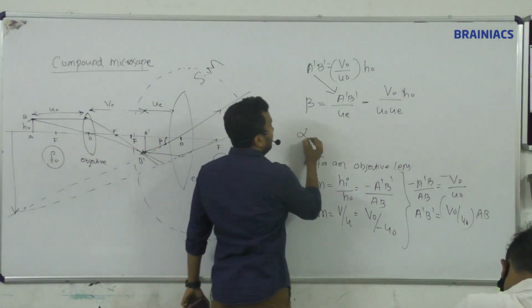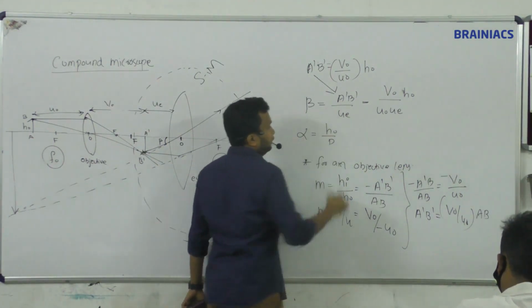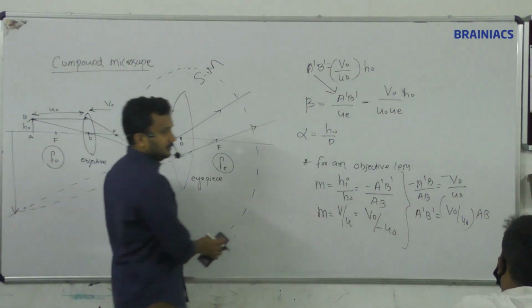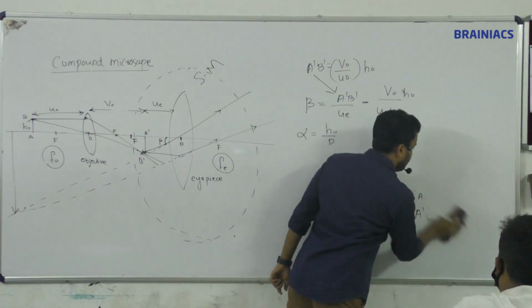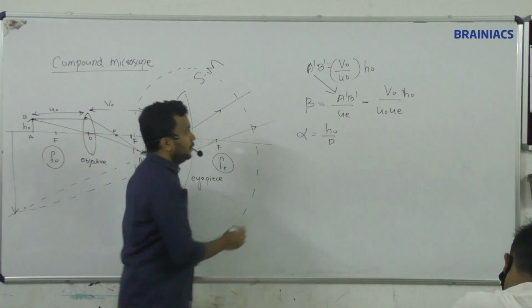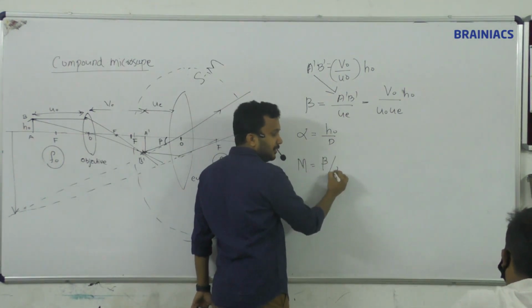Next one, what is alpha for simple and compound microscope? H naught by D. Okay, this is clear. Okay, next one, what we need to do? Magnification. M equal to what? Beta by alpha.